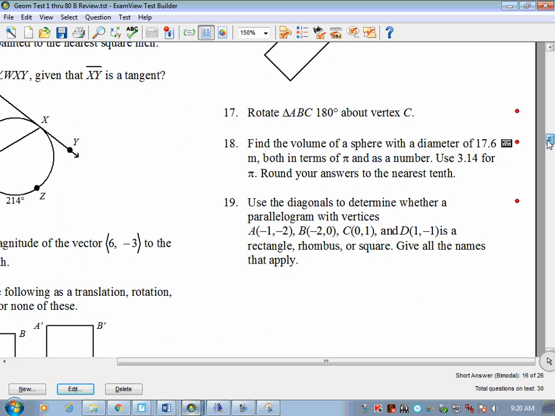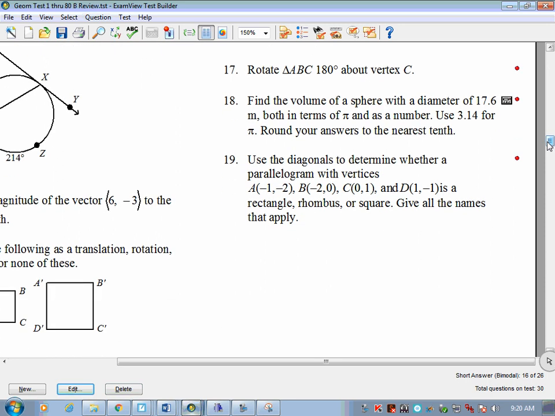All right, 17. Rotate triangle ABC 180 degrees about vertex C. Okay, so let's say I have A, B, C. We have a vertex of C, correct? Right there.